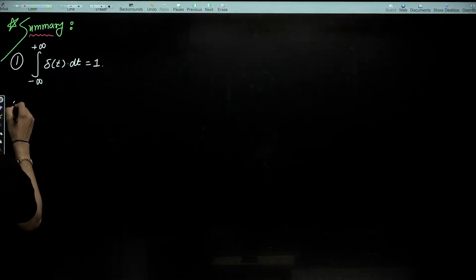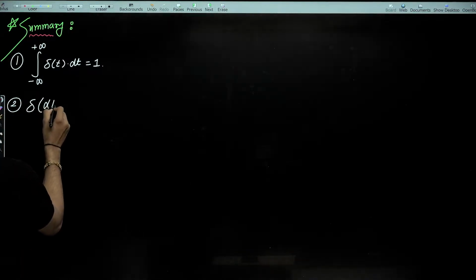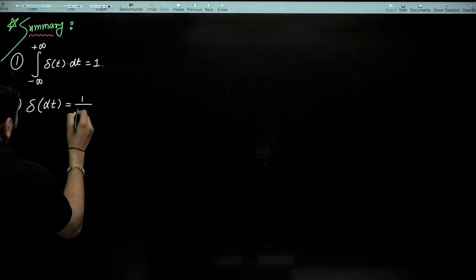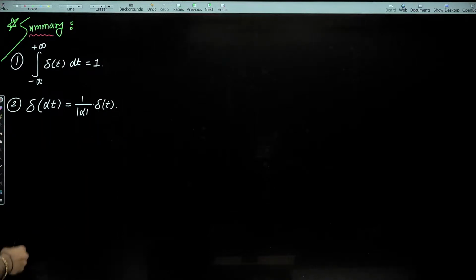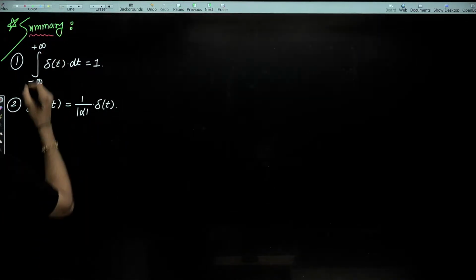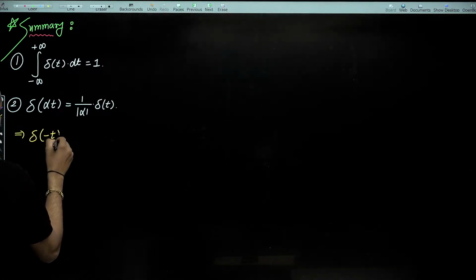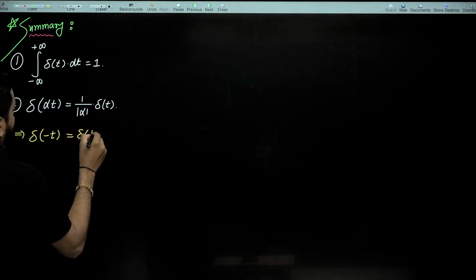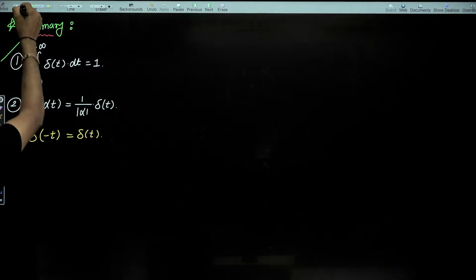Second property is the scaling property. Del alpha t is equal to 1 upon mod alpha into del t. And the result from this property: if alpha equal to minus 1, then del minus t equal to del t, correct? Del minus t equal to del t, that is, impulse is an even function.